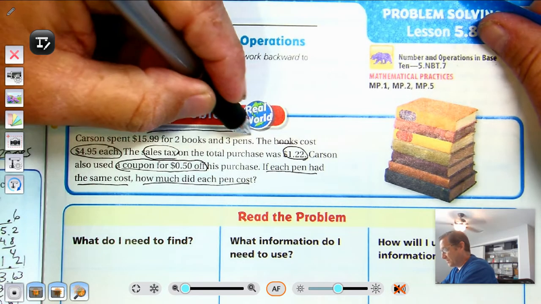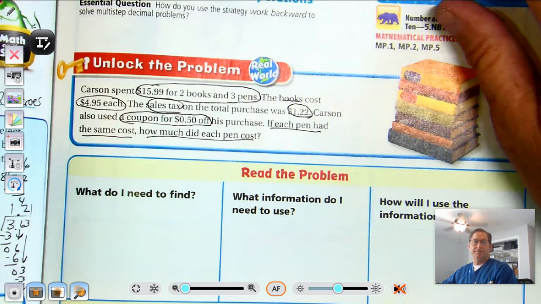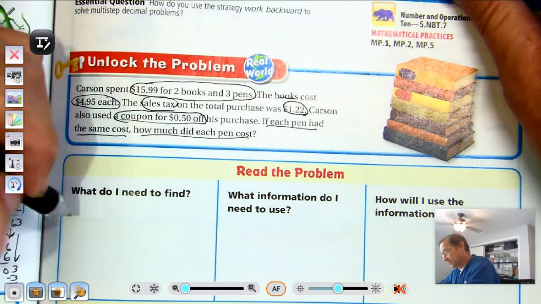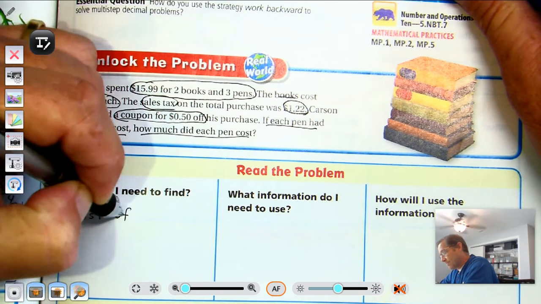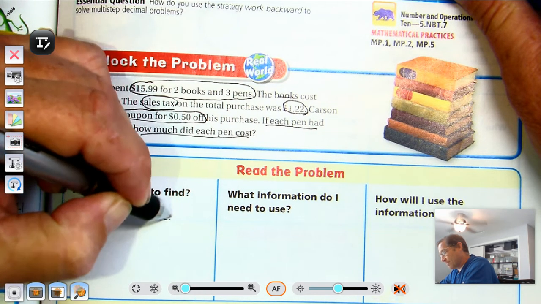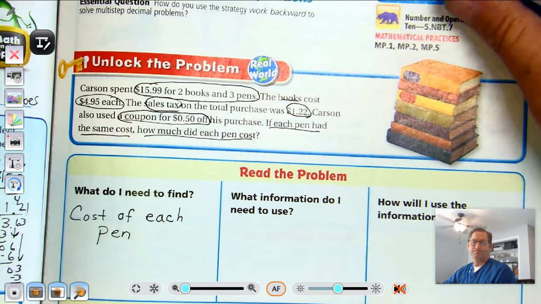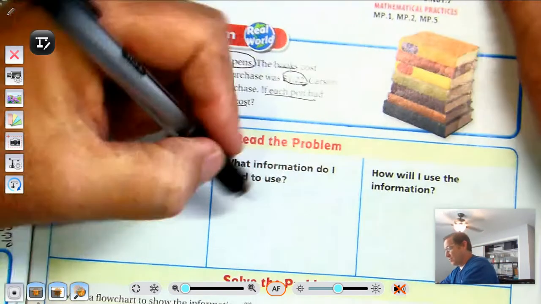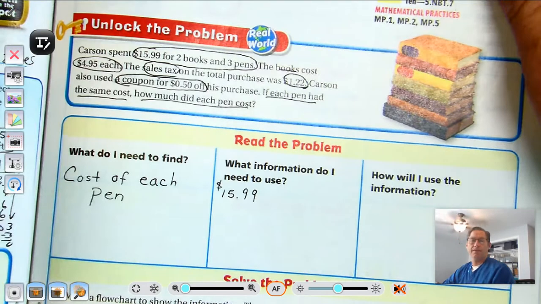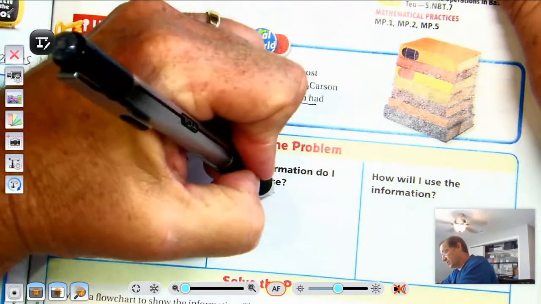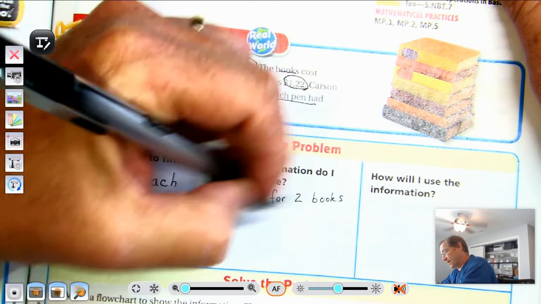So overall, he spent $15.99. So what do I need to find? I need to find the cost of each pen. What information do I need? Well, I need to know they spent $15.99 total, okay, for two books and three pens.